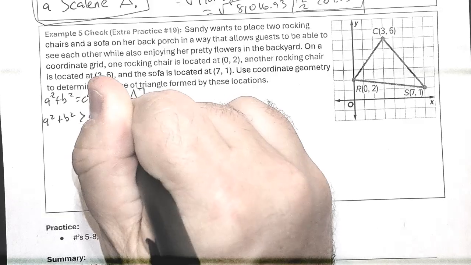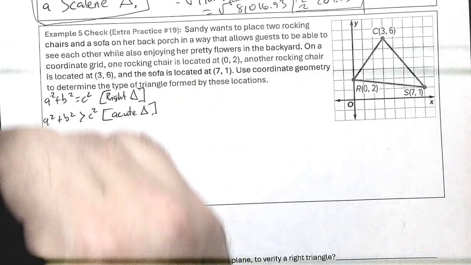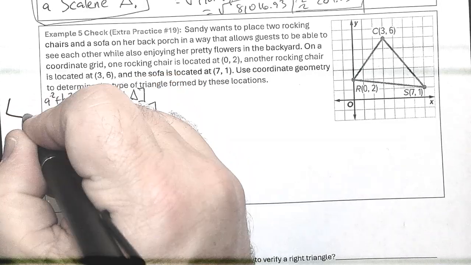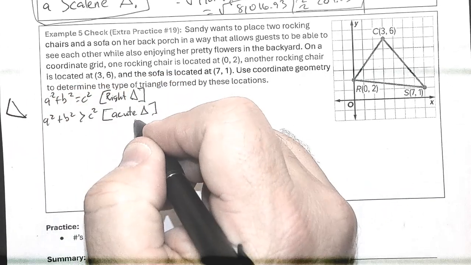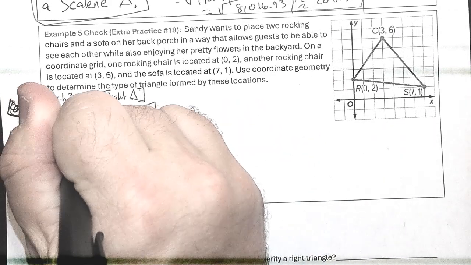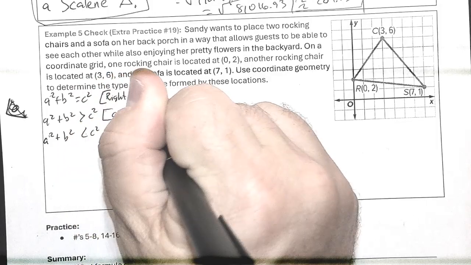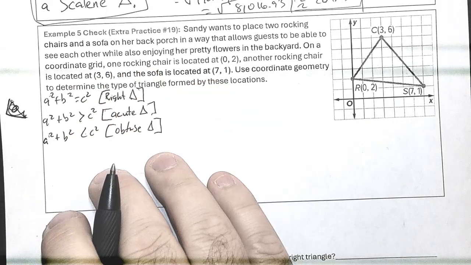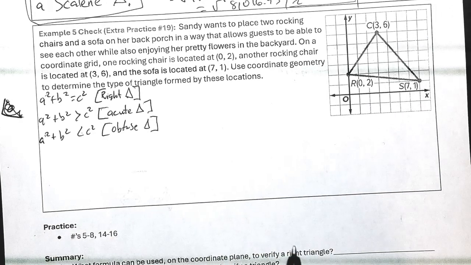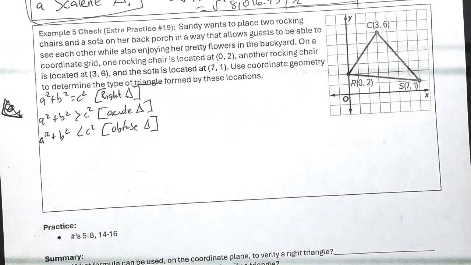If the a side and the b side are way longer than c, you get an acute triangle. But if a squared plus b squared is less than c squared, you have an obtuse triangle. Use the distance formula to find your three sides and then tell us what type of triangle. It's going to be one of these three.